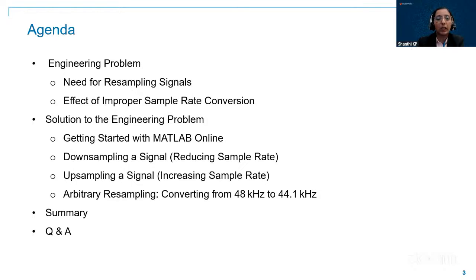Then we'll implement the solution using MATLAB Online through a series of hands-on activities. We will use concepts like downsampling, upsampling, and arbitrary sampling to solve the engineering problem we have. We'll end the tutorial by summarizing the key takeaways and with a Q&A session.